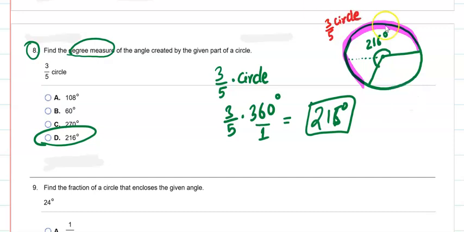So 3/5 of the circle makes a 216 degree angle. Notice that this is 180, so this must be more than 180, of course, approximately 260.